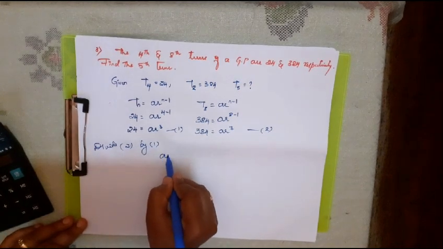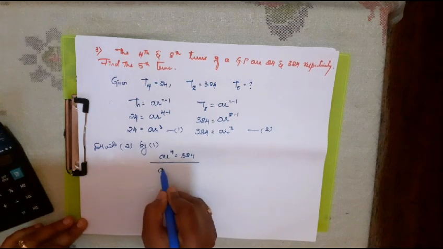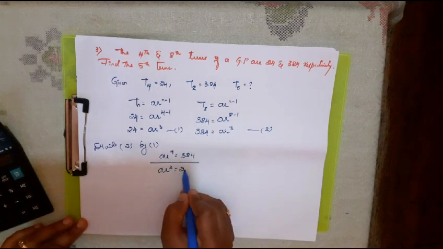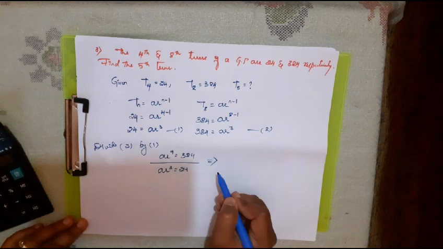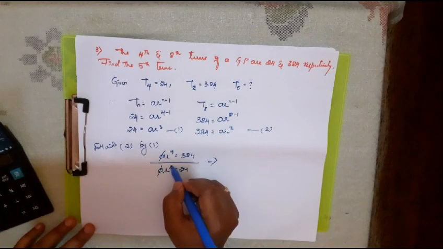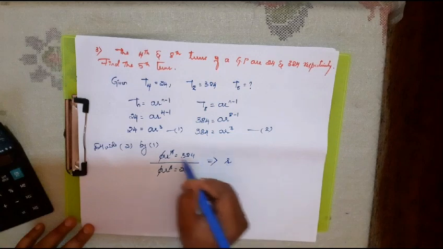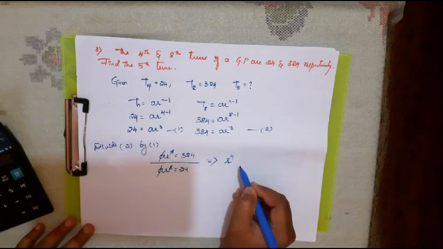So AR to the power 7 is equal to 384 divided by AR cube is equal to 24. Here we are cancelling: R cube is cancelled and we are left with 7 minus 3, which is 4.